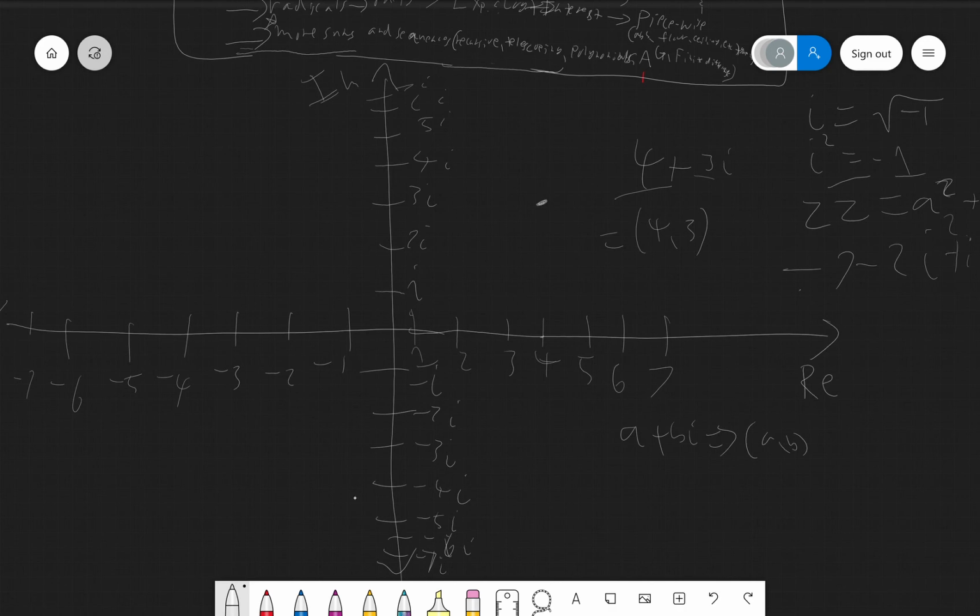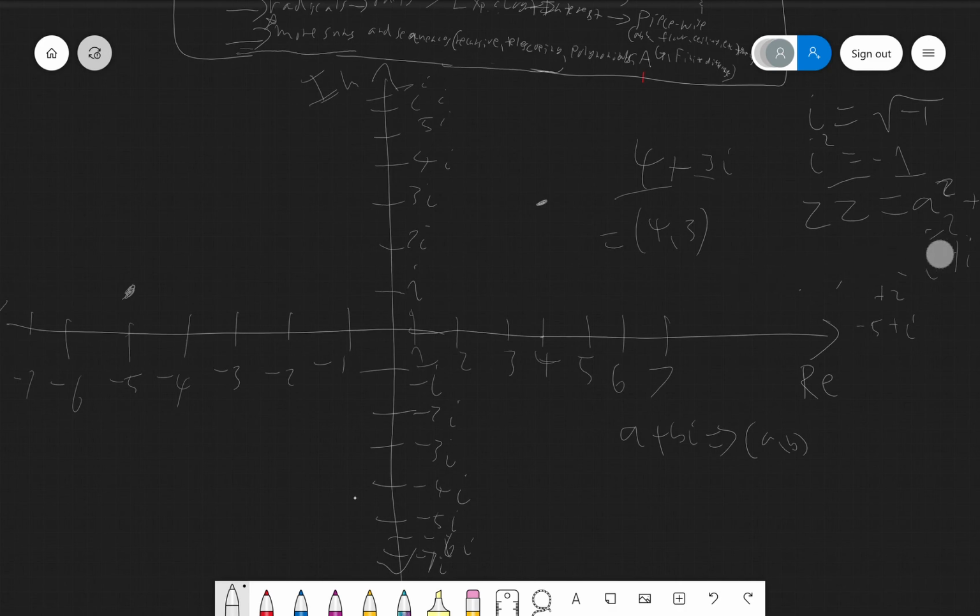Well, this -2i squared becomes plus 2, and this becomes -5 plus i. So we get -5 plus i. So now we know how to plot the points, right? You can use your basic knowledge of the Cartesian plane to know the rest.